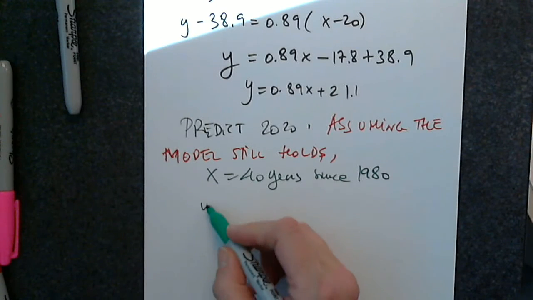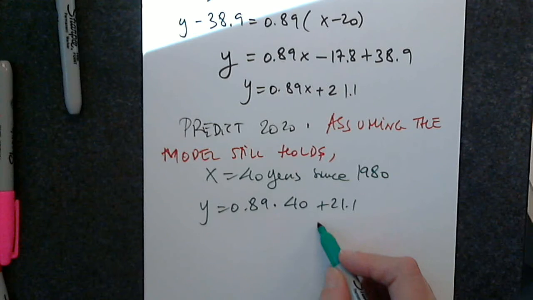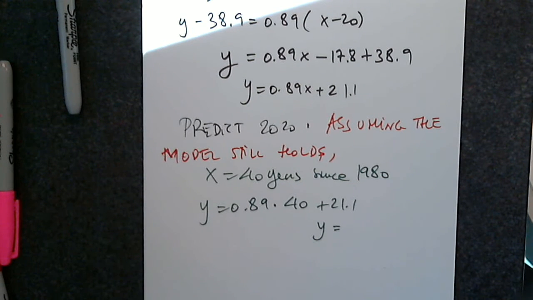So that will be y equals 0.89 multiplied by 40 years plus 21.1. And if you give me that number, that is perfect. What is the percentage?